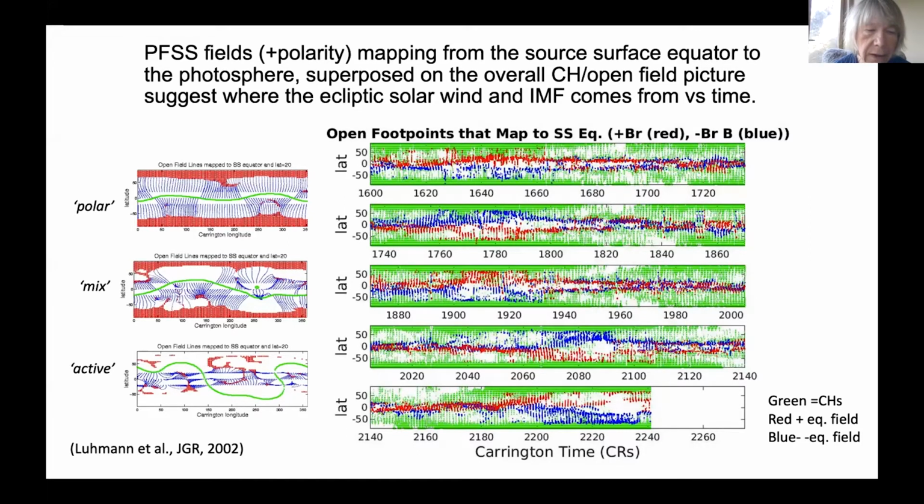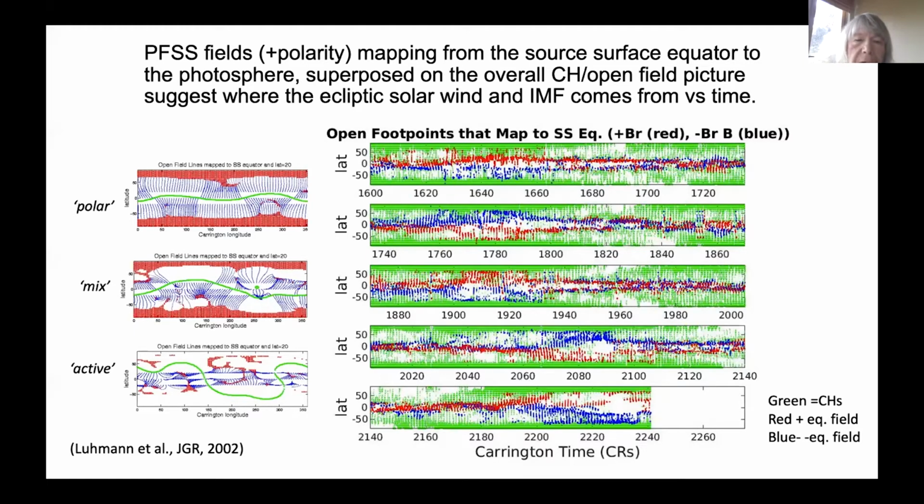And let me go through quickly. Going back, we were understanding how to map using potential field models from the ecliptic plane back to the open field regions. The potential field source surface model suggests where they should be. On the left, you see a couple of the standard maps with mappings to a few latitudes around the ecliptic plane.